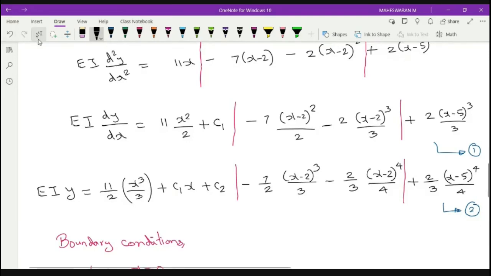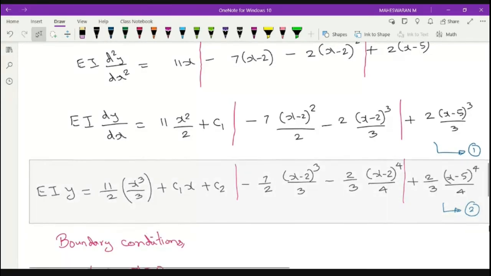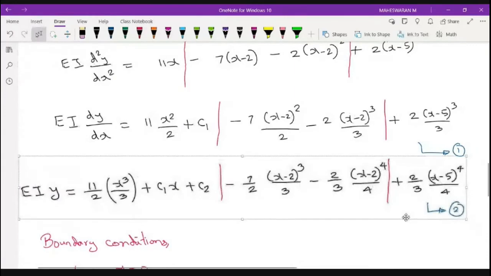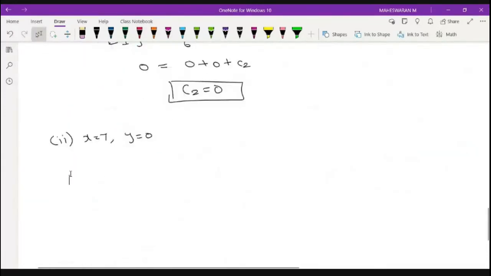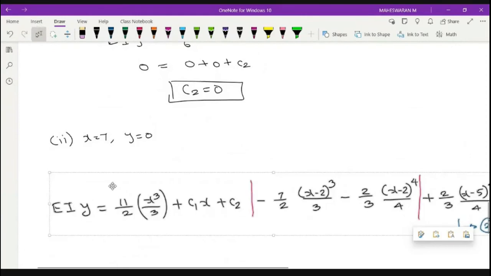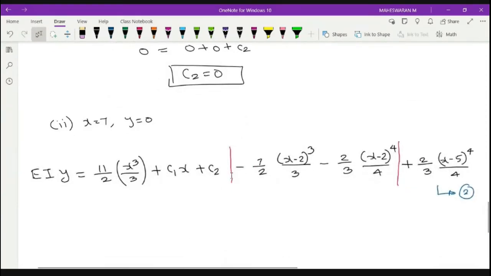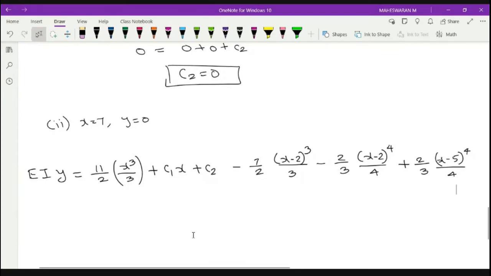Let me copy this entire equation and put it here, without these lines. This is my equation, and here your C2 is 0.